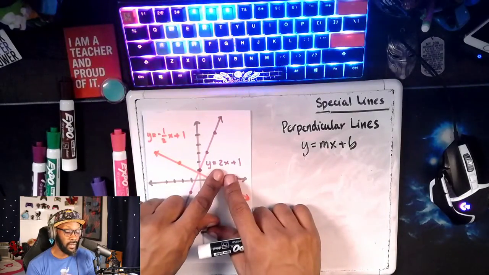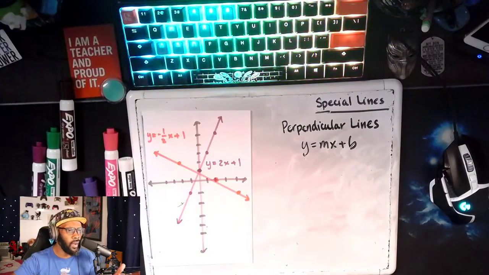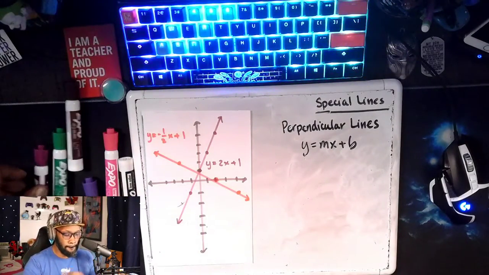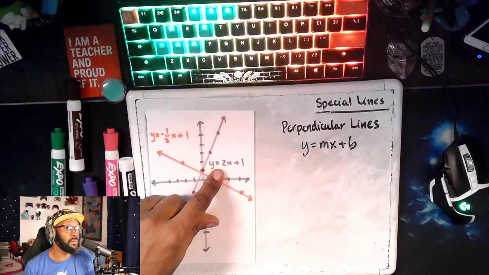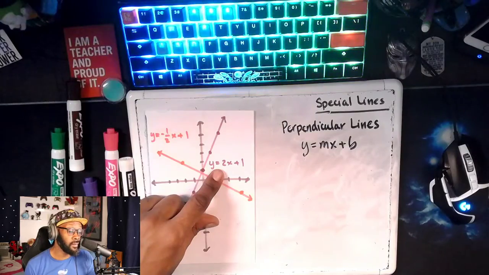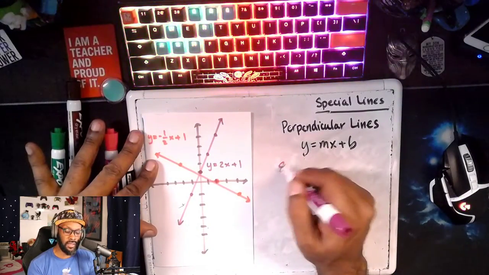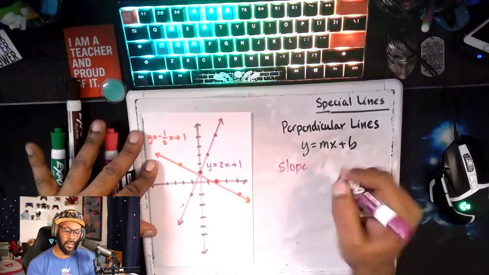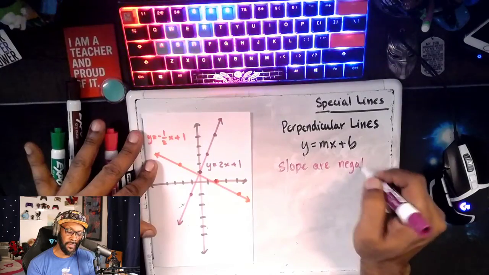So imagine if I could write that as, you might be seeing it, 1/2, 2. What if that was 2 over 1? Does that make it a bit clearer? How do you say that? Well, the slopes for perpendicular lines are what we refer to as negative.